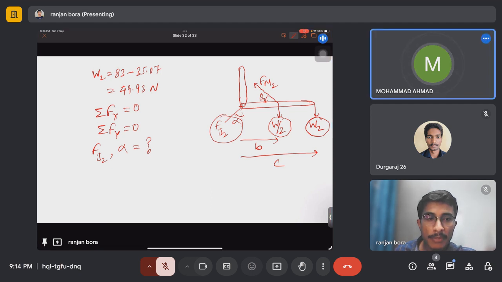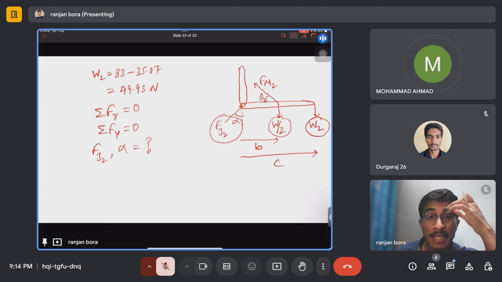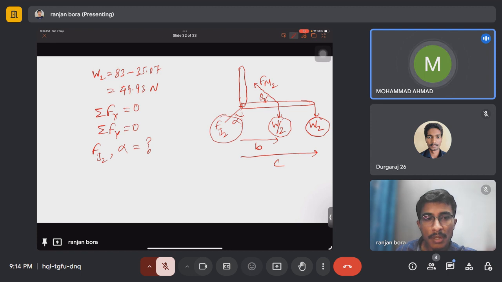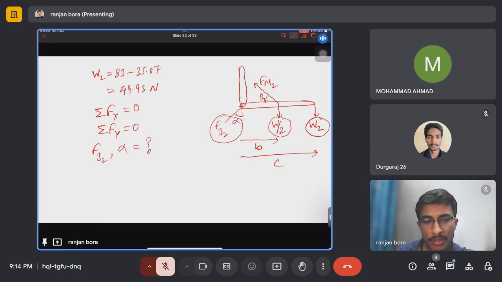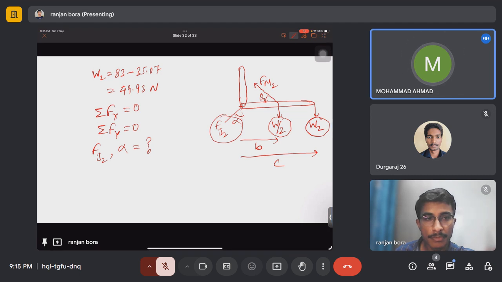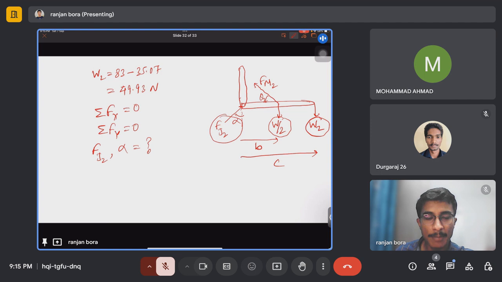Yes, sir. In that exam, these types of problems may come. In the assignments, there are no such numerical problems, only problems based on theory. But in the main exam, this type of problem may come. That's why these problems are there in the slide. Practicing these problems will be helpful for you.